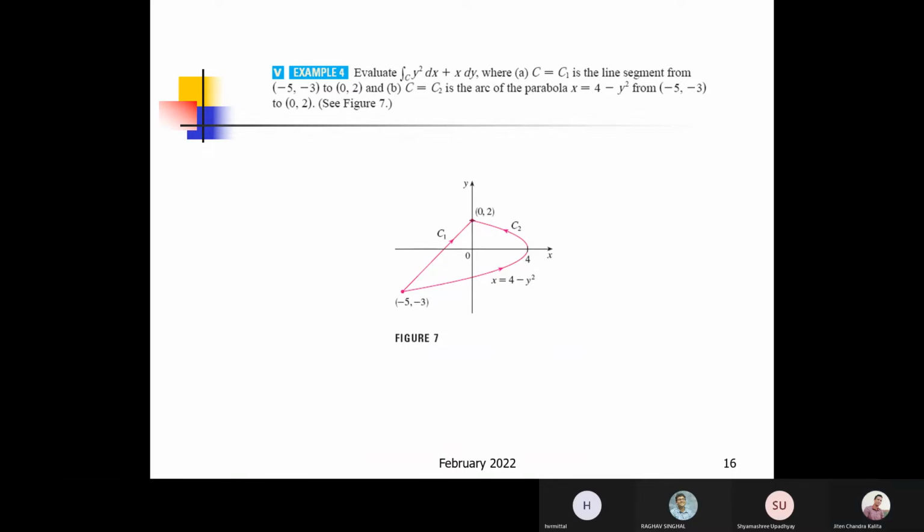C1 is the line segment from (-5, -3) to (0, 2), and C2 is given by x equal to 4 minus y squared, from the same (-5, -3) to (0, 2).